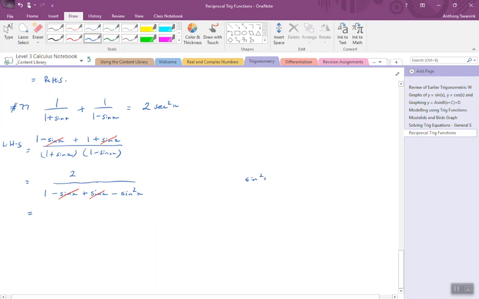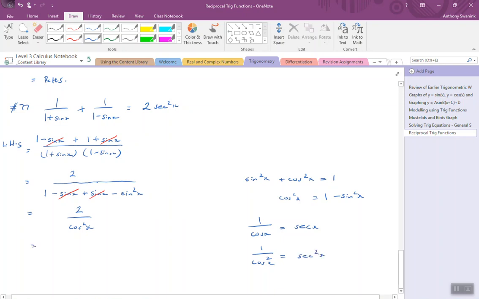So again, this identity is going to be needed, because 1 minus sine squared x is equal to cos squared x. So we've got 2 over cos squared x. And remember that 1 over cosine is equal to sec x. So 1 over cos x squared is equal to sec squared x.